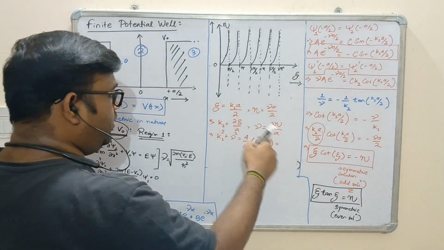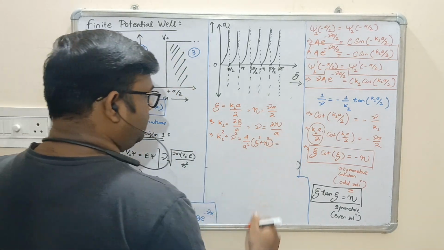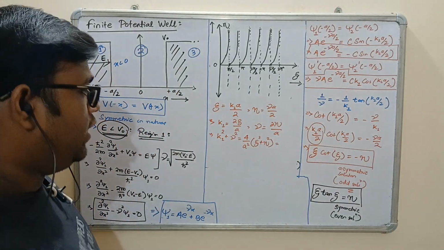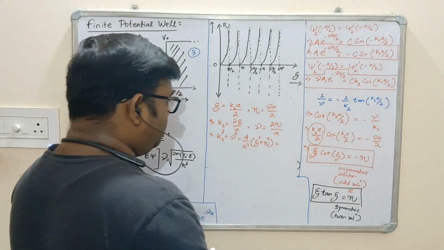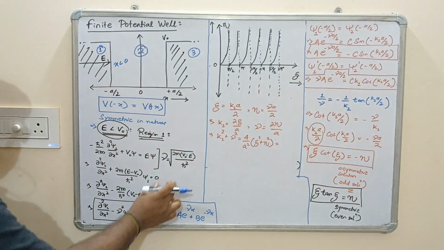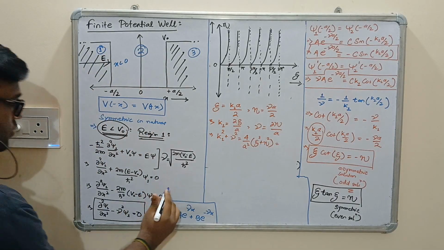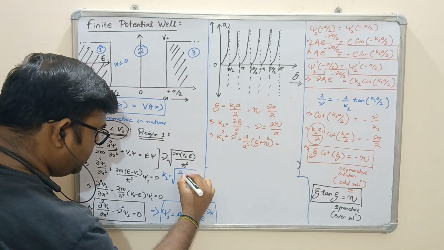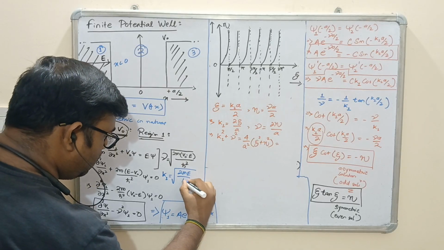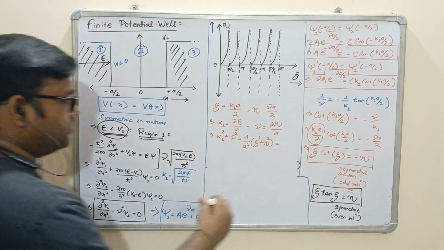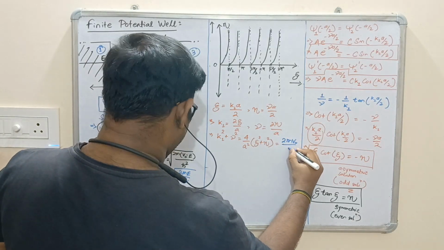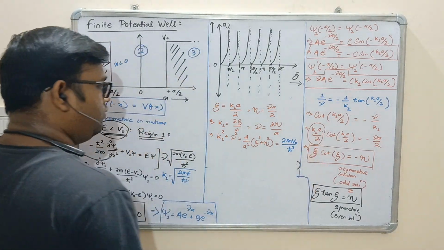Alright. Now what will this value give us? Look very carefully, this value is nothing but the square of this plus the square of this. What will this give us? This will give us 2m v naught by h bar square.